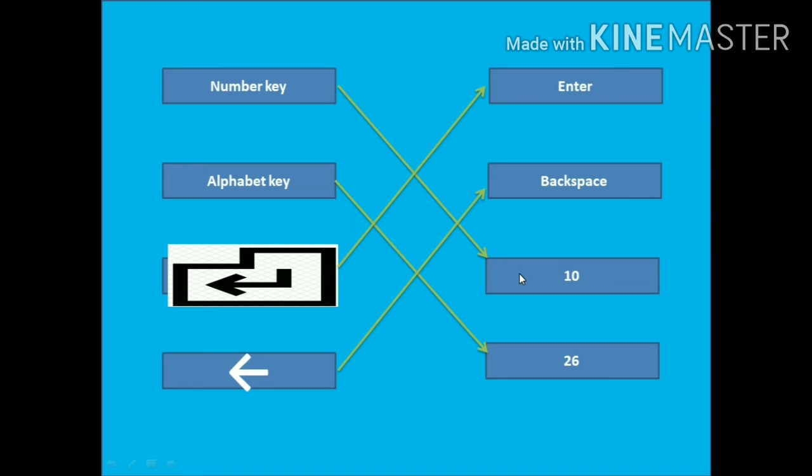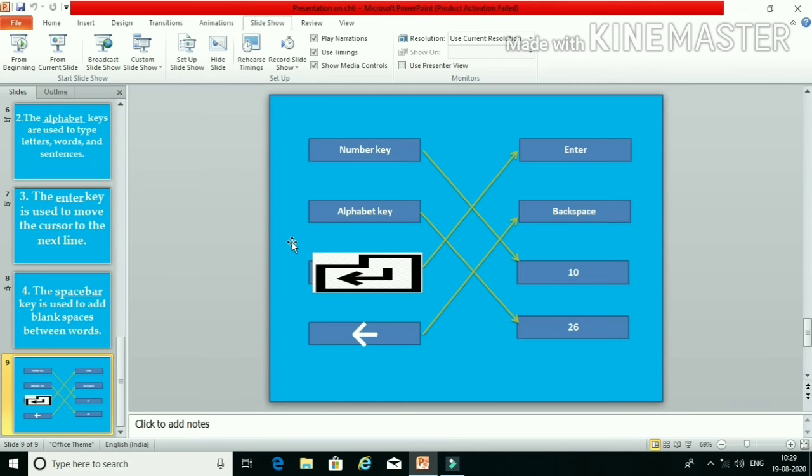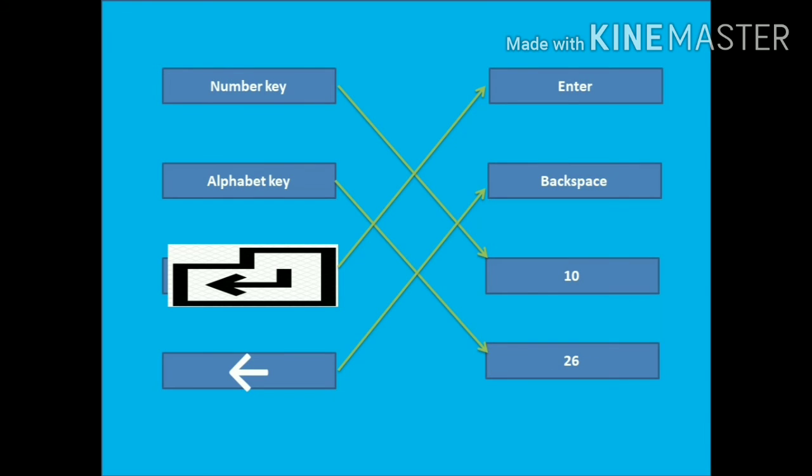Because we have 10 number keys on the keyboard, starting from 0 and up to 9. Okay. Alphabet keys, how many alphabet keys do we have? We have 26, isn't it? So alphabet key is matched with 26.